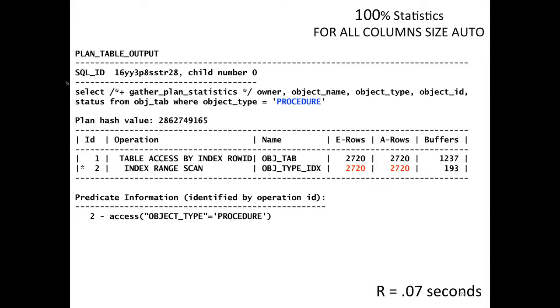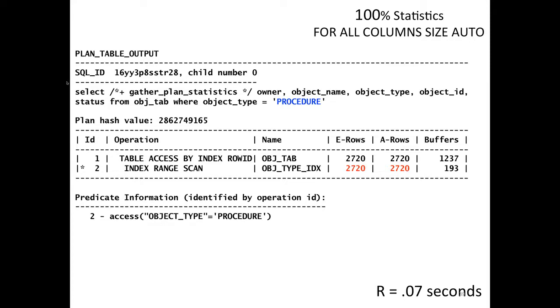And with size auto, the collector will actually go out and look to see if the predicate, in this case object type, has been used in the past, and if it has, it can compute a histogram to tell the optimizer that this column is skewed, and it can define by object type how many rows are present using a frequency histogram. So in this case, that's what happened.